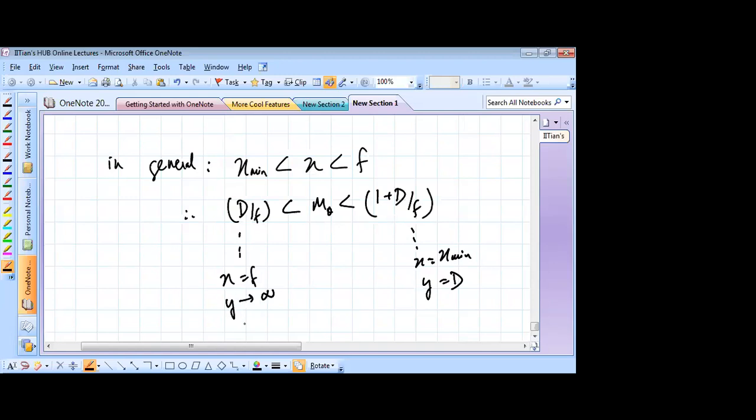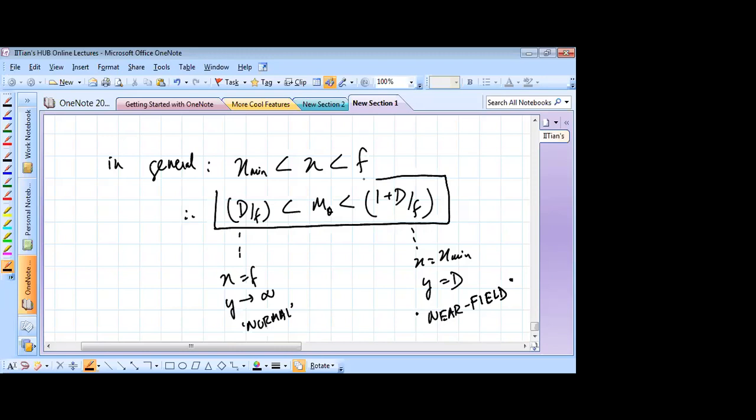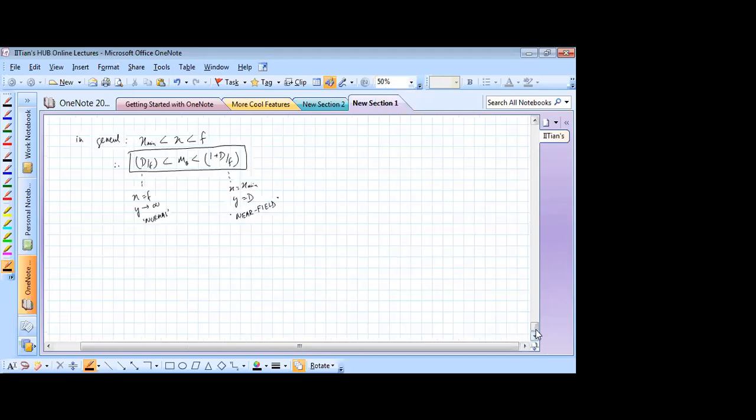So this is the normal adjustment position, and this is the near field adjustment position. If you understand this concept properly, then the rest of the optical instruments like the compound microscope become very easy to understand, because they achieve the same thing but using a combination of lenses.